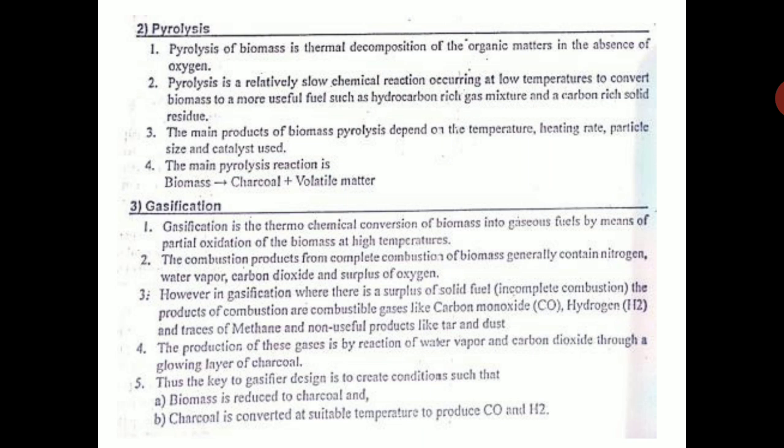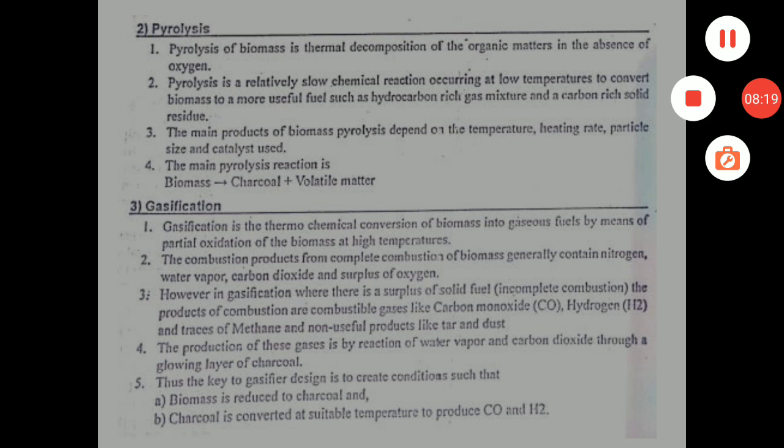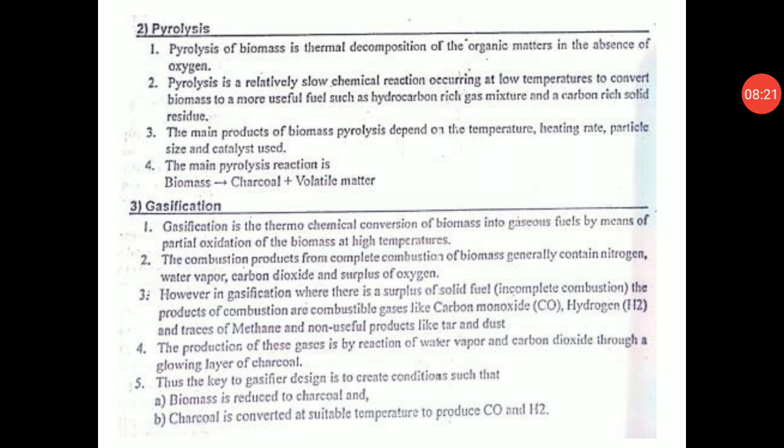Then there is something called gasification. Gasification is a thermochemical conversion of biomass into gaseous fuel by means of partial oxidation of the mass at high temperatures. So, the combustion products for complete combustion, when you burn the biomass directly, will have nitrogen, water vapor, CO2 and oxygen.